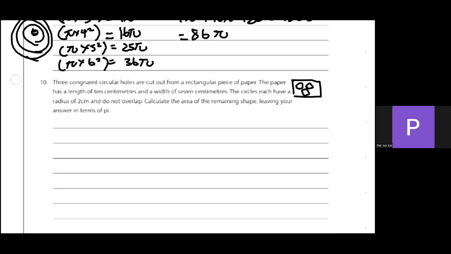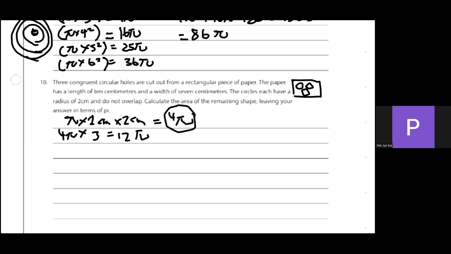Since the radius is 2 cm, we can do pi times 2 cm times 2 cm. We can get 4 pi, since the question requires us to answer in terms of pi. So we have 3 of these circles. So 4 pi times 3, we would get 12 pi.